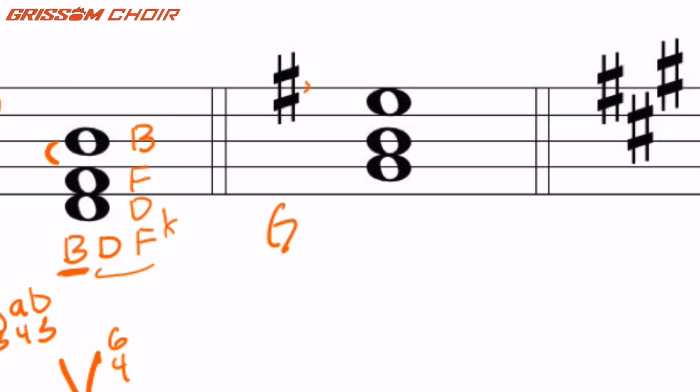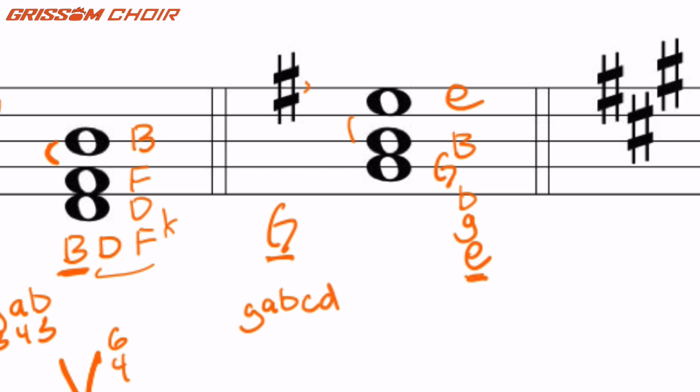The notes that are written here are G, B, and E. Based on this gap and based on the line, space rule, we can identify that E is the root of the chord, followed by G and B. Now we have to count in the alphabet from G, which is our key, all the way up to the root of the chord, which is E. So that would be G, A, B, C, D, E. Counting G as 1, that would be 1, 2, 3, 4, 5, 6.